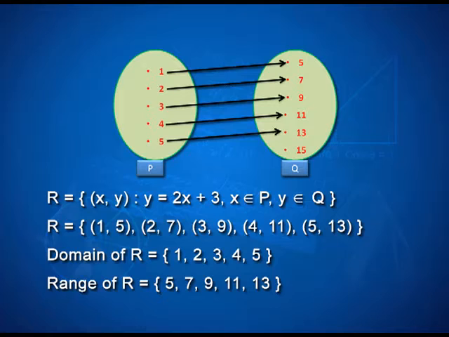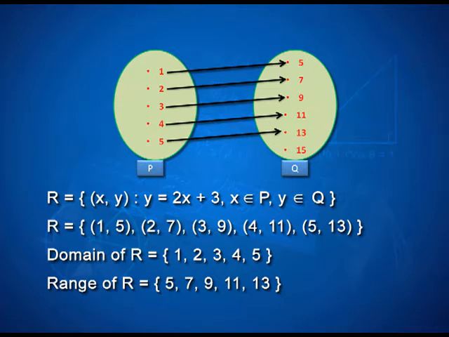Do I get the second element for each of these ordered pairs? Surely, and that is how you write the set builder form: the collection of all ordered pairs (x, y) such that y is 2x plus 3, x belongs to the set P and y belongs to set Q.